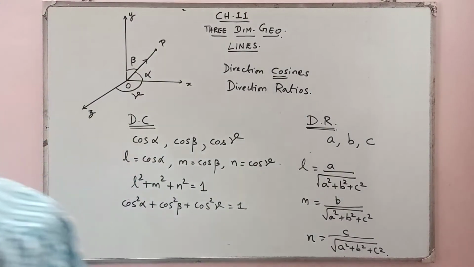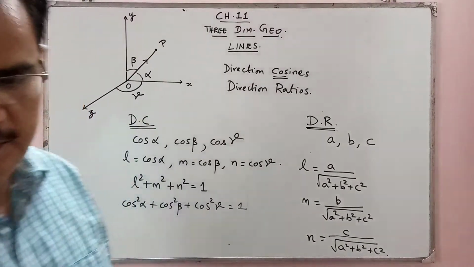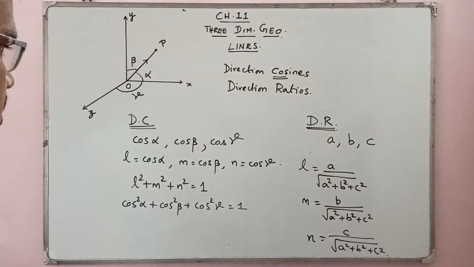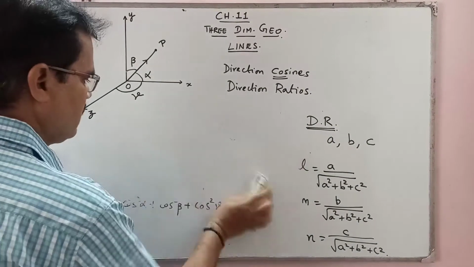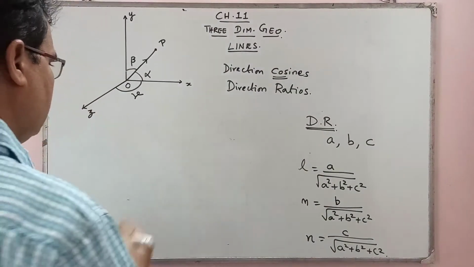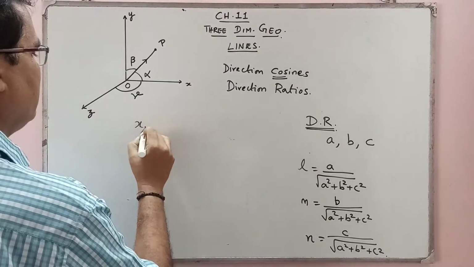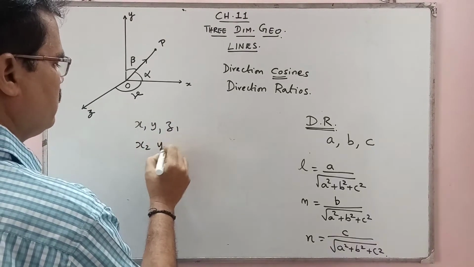Number 2. How will you find direction ratio when 2 points are given? I hope you have noted this. For example, the first point is x1, y1, z1 and the second point is x2, y2, z2.